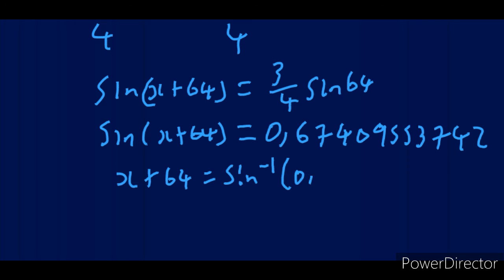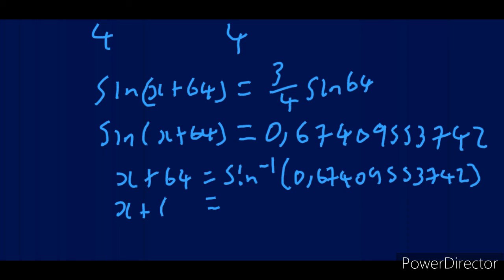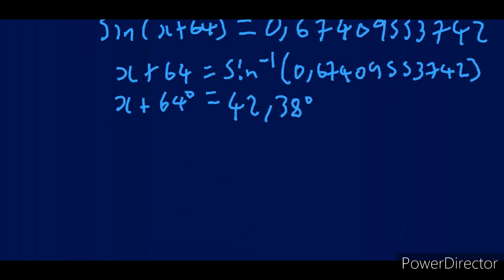So we have 0.67409553742. Let's see what this gives in the calculator. So we're going to end up having 42.38.